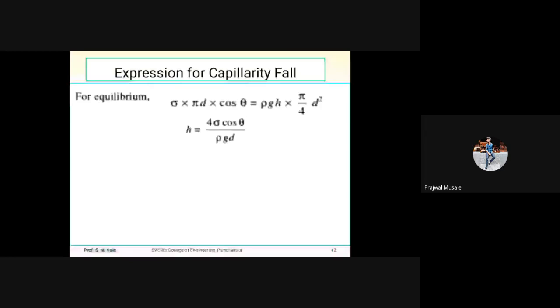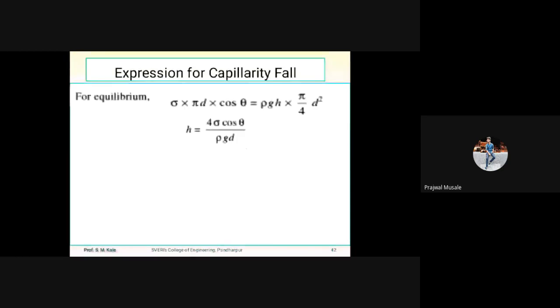In case of capillary rise, there was the same derivation, h is equal to 4 sigma cos theta upon rho g d, but there the value of theta was equal to 0. That's why capillary rise was written as h is equal to 4 sigma upon rho g d.